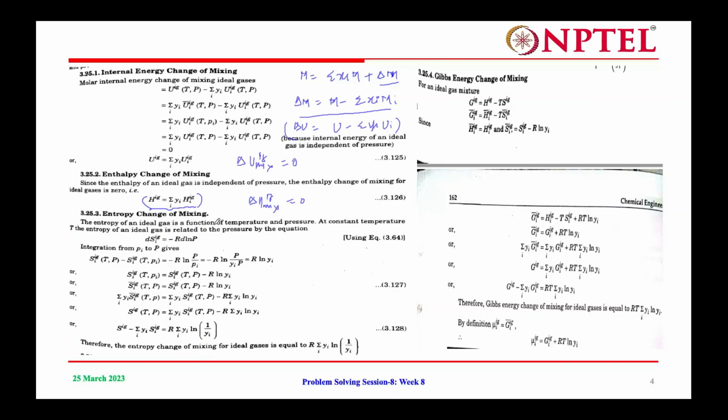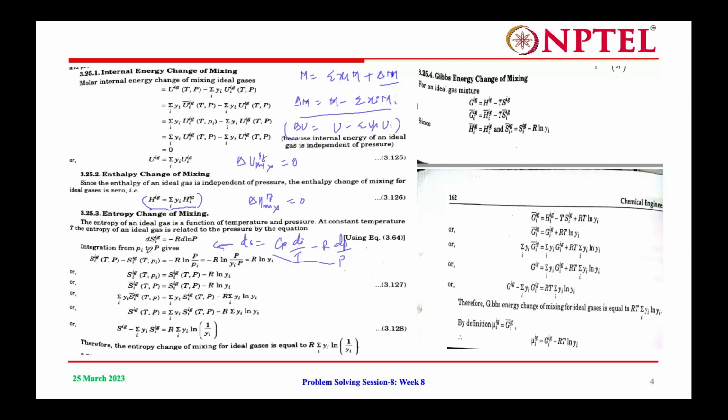Now for the entropy change of mixing, we derive dS^ig is equal to minus R d ln P. Not derived, we get it from the properties of the pure fluids: Cp dT by T minus R dP by P. At constant temperature, these terms get cancelled.